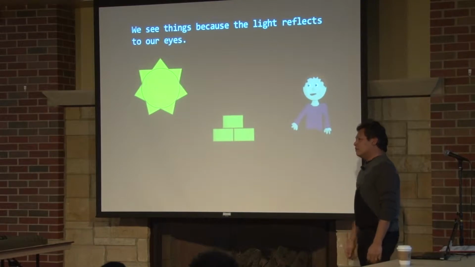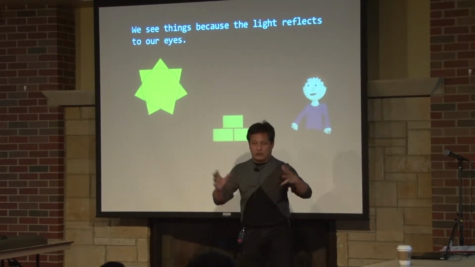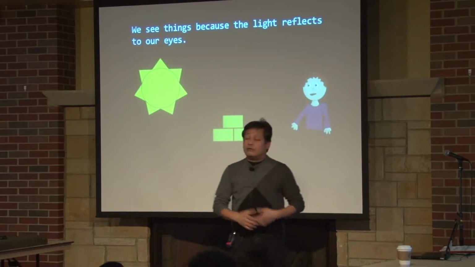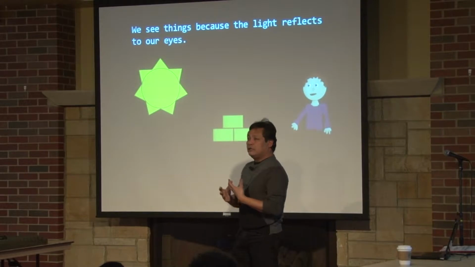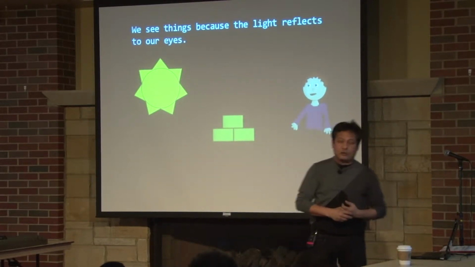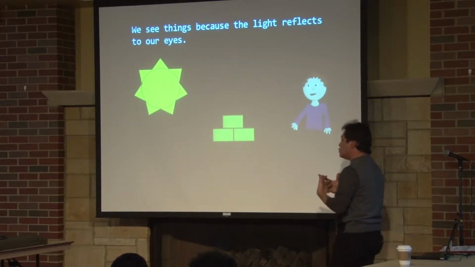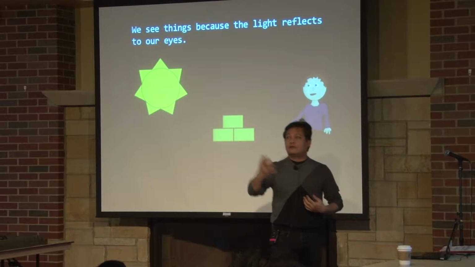Now, the first thing we need to know, if you want to play soccer or, forget about soccer, anything you want to play, the first thing you need to know is you must see them. If you don't see the atoms, how can you play with those atoms? So we need to know, how do we see things around us, right? You see me because of the light.